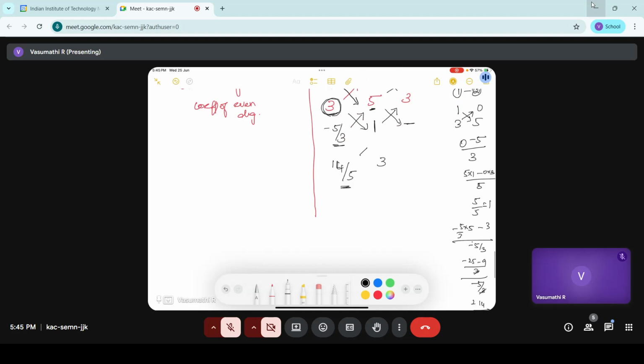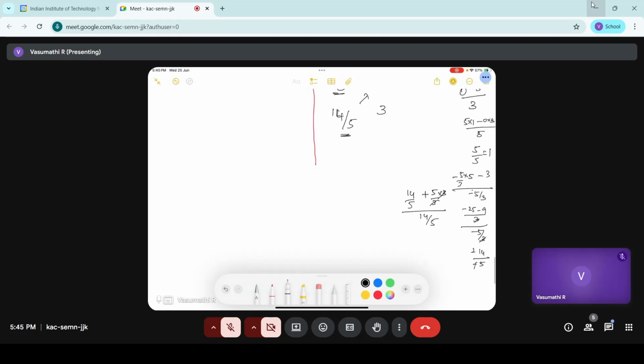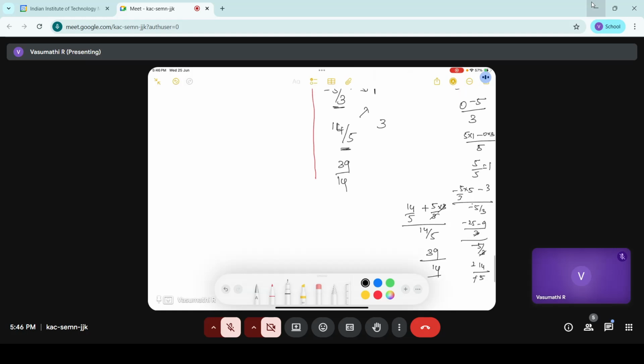Again, I am doing this here: 14 by 5 minus, I think it won't be that easy at first to see, but later you would pick up. 25 plus 14, so the answer I would be left with is 39 by 14.